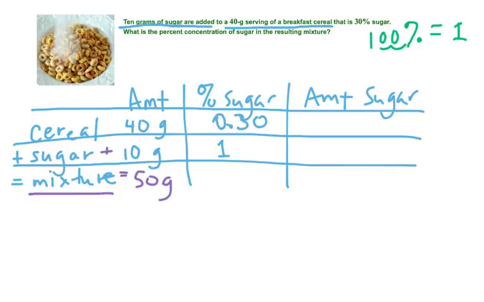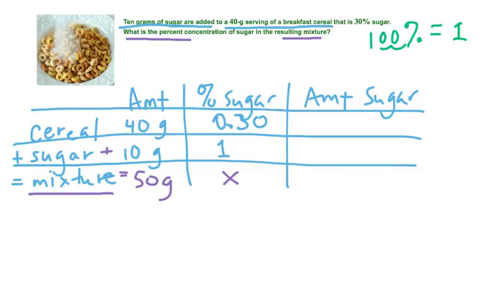But what we want to know is the percent of the resulting mixture. Instead of a question mark, since it's what I want to know, I'm going to just put an X. Now, I take my amount of cereal, 40 grams, which is 30% sugar.